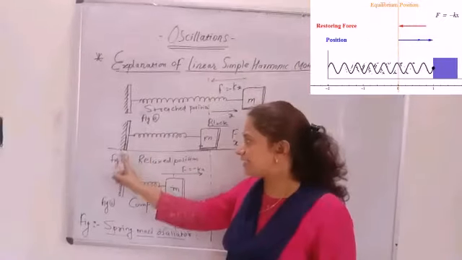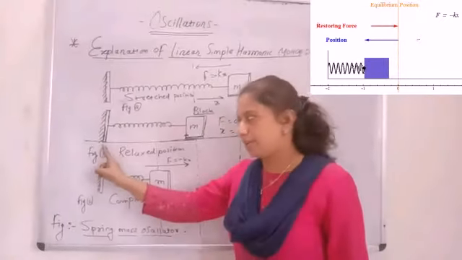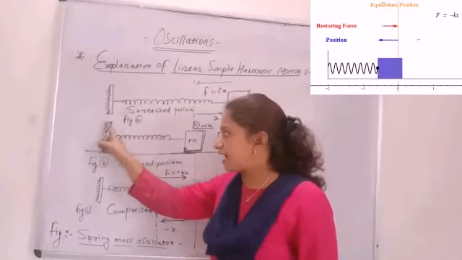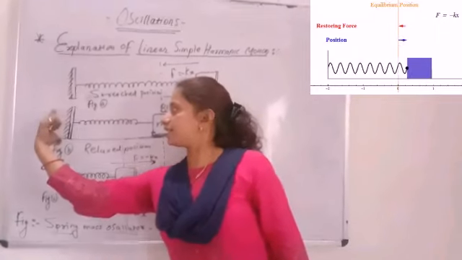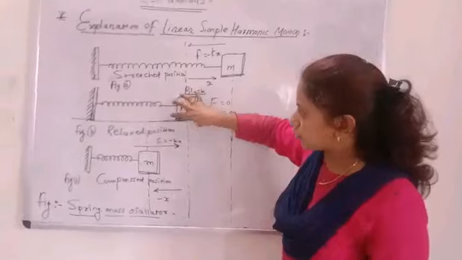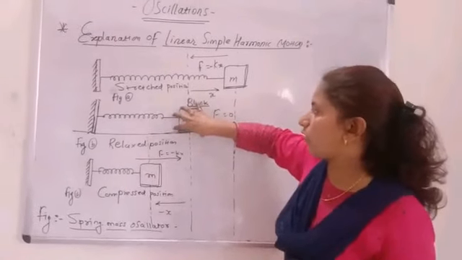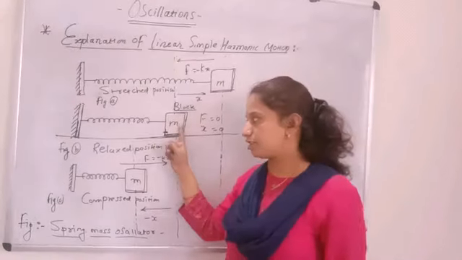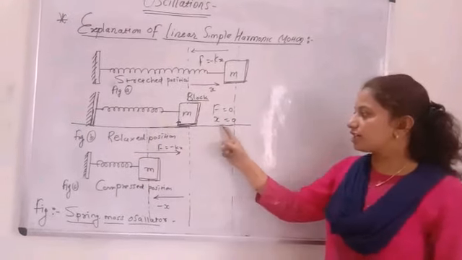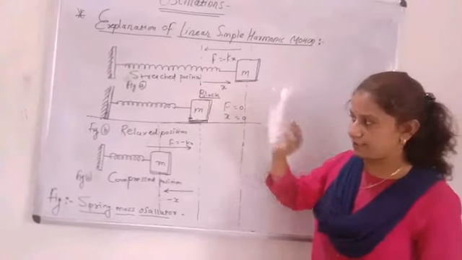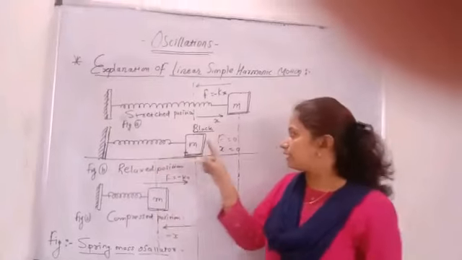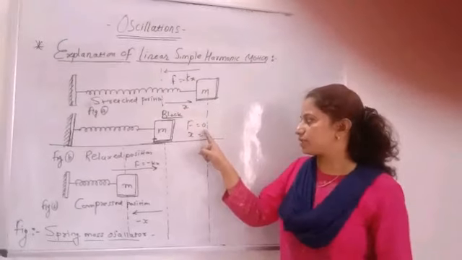Here there is a rigid wall. One end of the spring is attached to the rigid wall, and the other end is attached to a rectangular block having mass m, which is placed on a frictionless horizontal surface. Now, in this relaxed position, the force F equals 0.